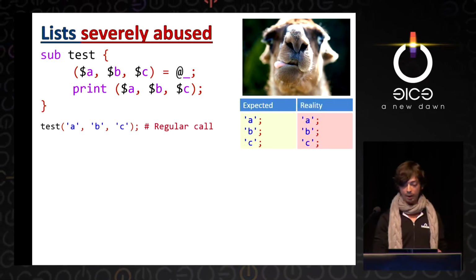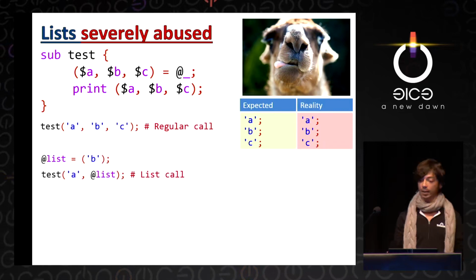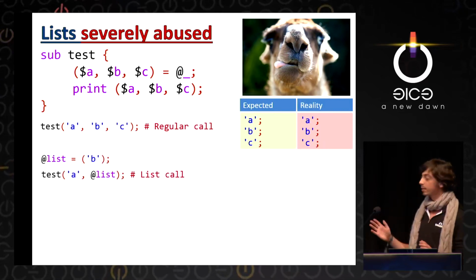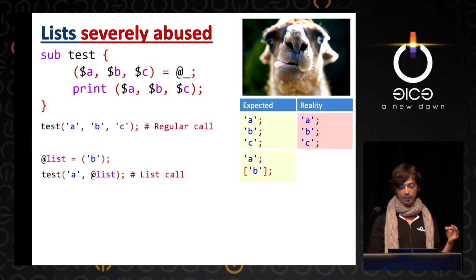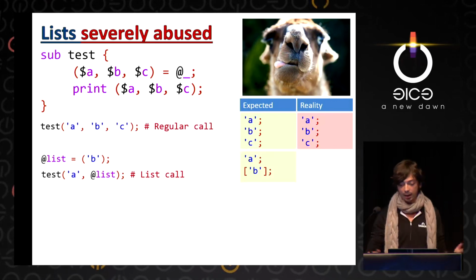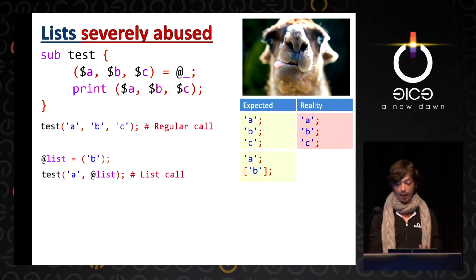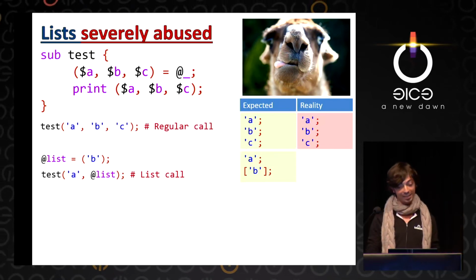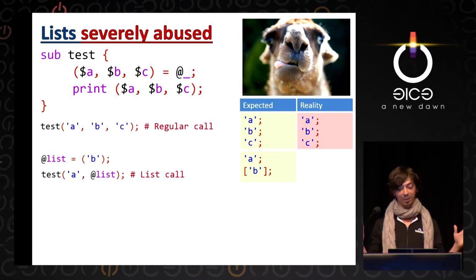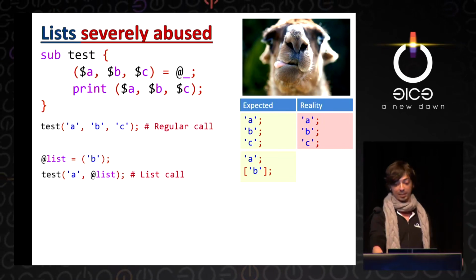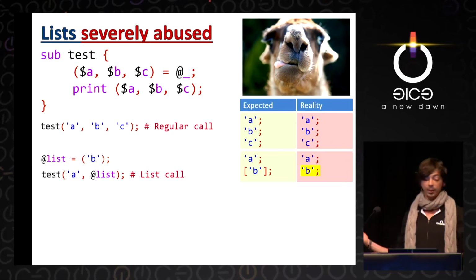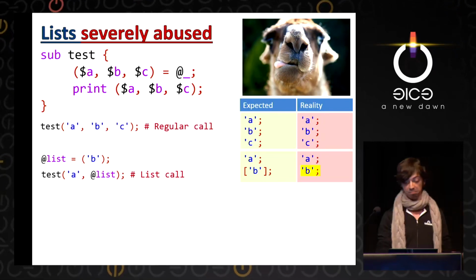But what happens if instead of just the string B, we enter a list containing it? We expect the second argument to be inserted into an array and displayed that way. But don't forget Perl is that special kid in class that messes up whenever something it didn't expect happens. So Perl actually takes the single valued list and treats it as a string in the second parameter. What?